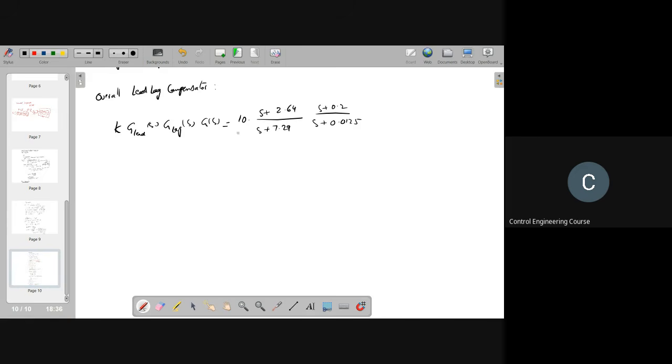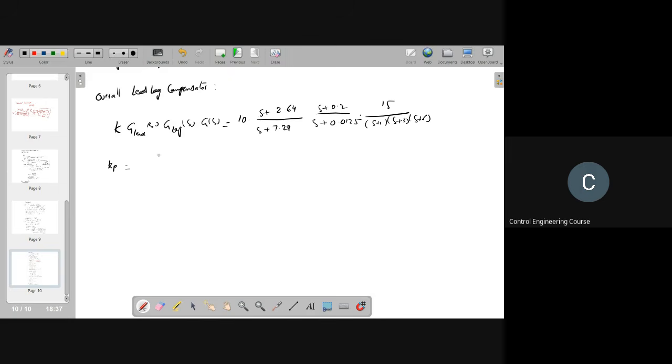0.0125). Now let us check what the Kp is with this overall transfer function. Kp is limit s tends to 0 of this, into G of s, which is 15 by (s plus 1)(s plus 3)(s plus 6).